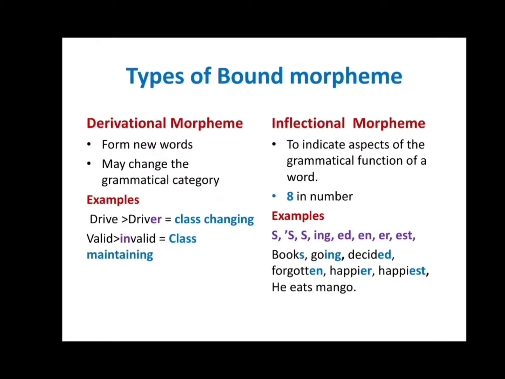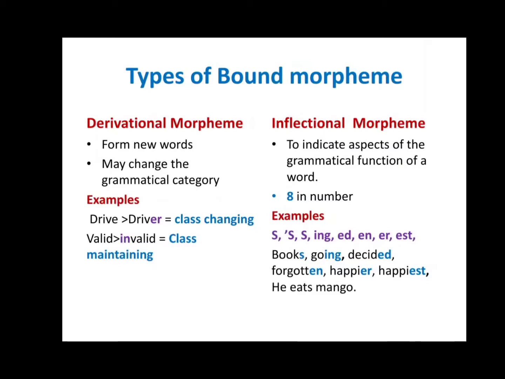Next, we discuss the types of bound morpheme. There are two types of bound morpheme: derivational morpheme and inflectional morpheme. Firstly, we discuss the derivational morpheme. What is derivational morpheme? It changes the category of the word when it is added to the free morpheme, but there are some exceptions.